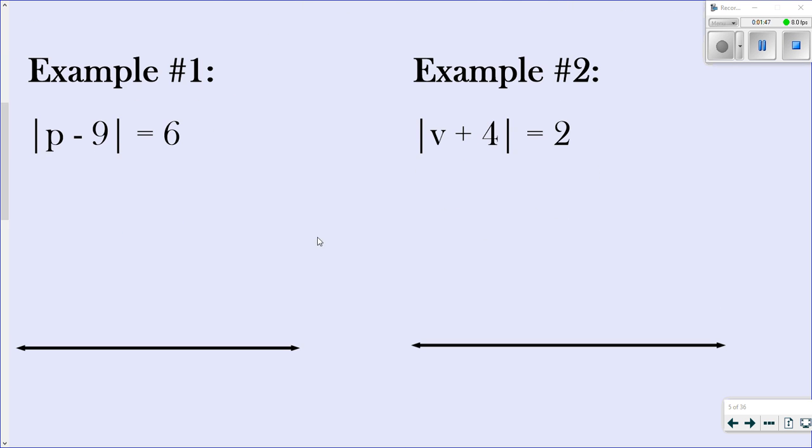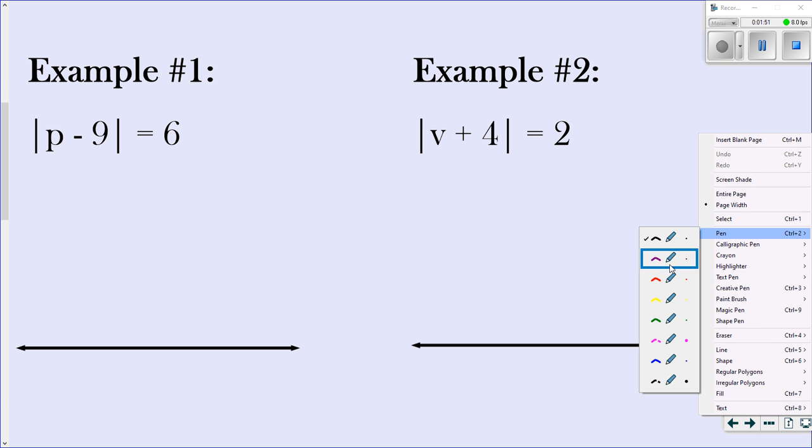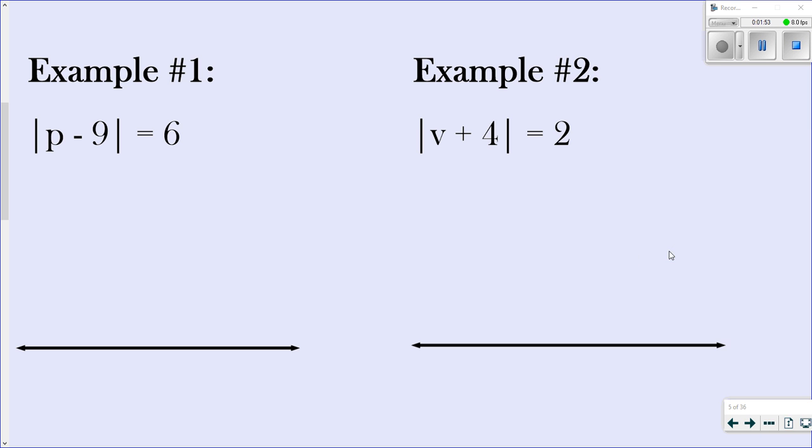So when we had to solve this problem, we know that there's going to be 2 answers for the variable. For this one, we had to split it into 2 equations. This one was 6, and for the other one, we keep whatever's inside the absolute value, take it out, and then we make this a negative, because that's the distance. That represents the direction from the middle number, which would be 9.